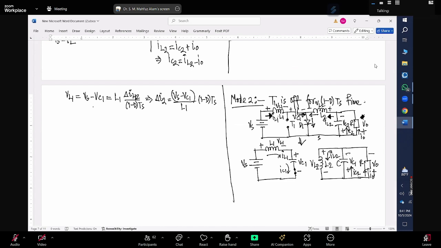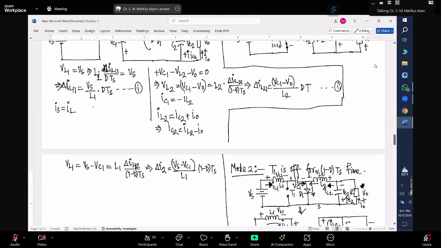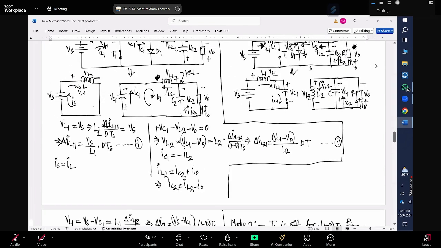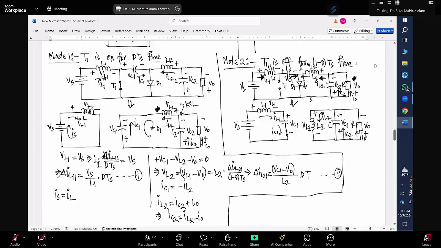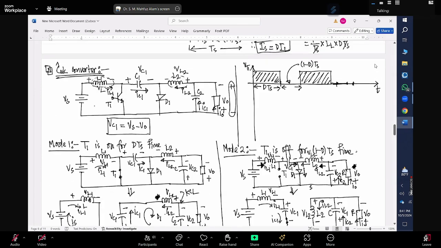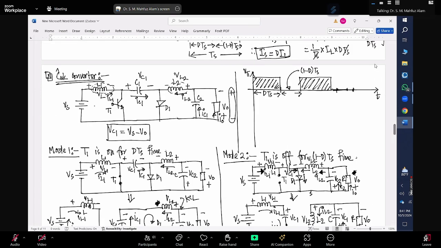And now, here in the first case, what was the voltage across the inductor 1? That was Vs, right? So if I try to draw the inductor voltage VL1, for the first case, it should be a positive voltage, right?